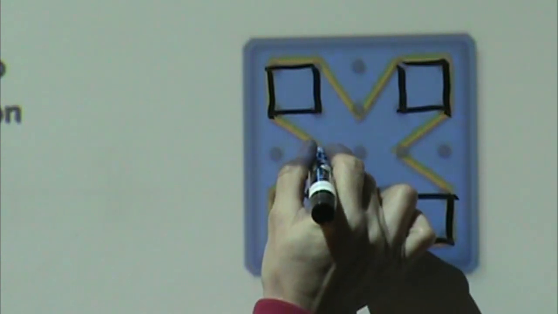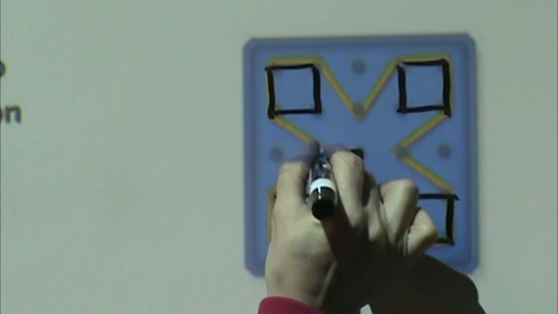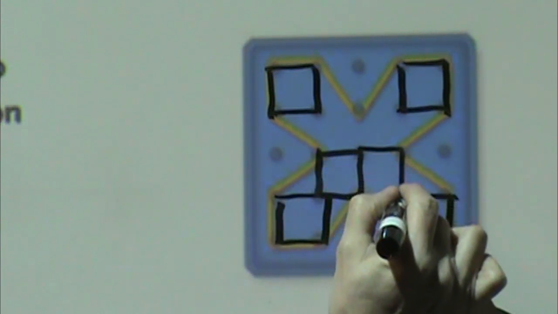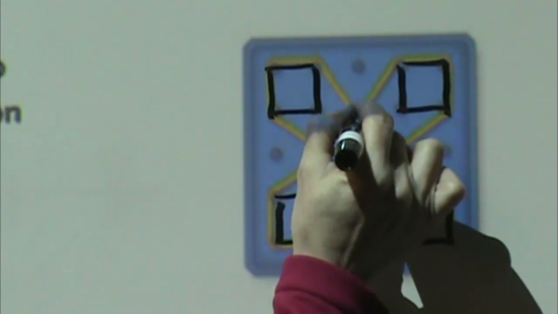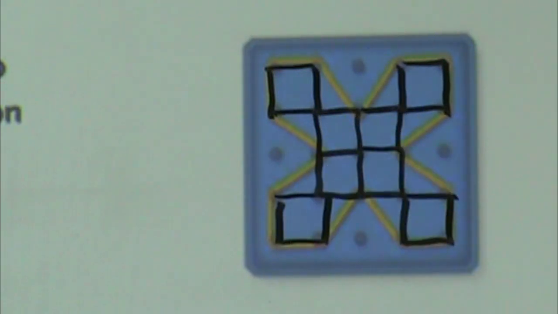And then the next that was easy for my eye to see was connecting the pegs here from the middle peg. And that leaves us with our halves. That leaves us with our wholes.